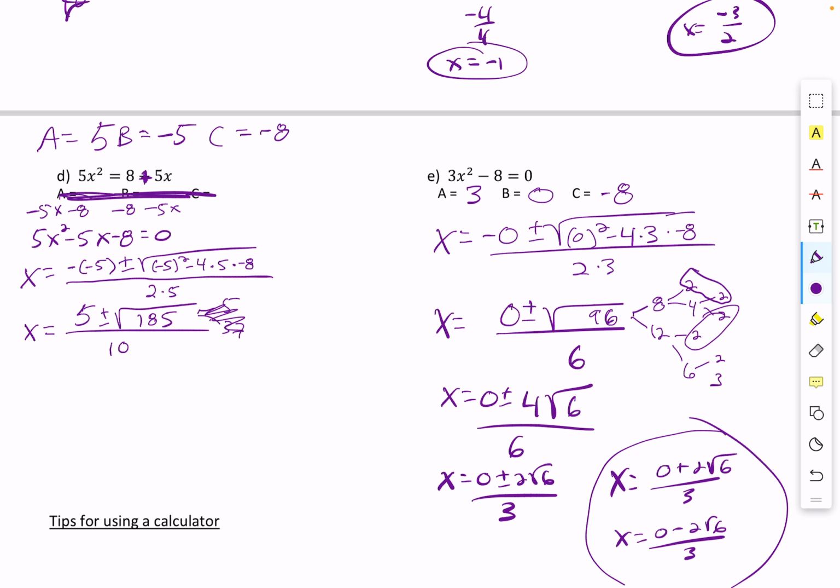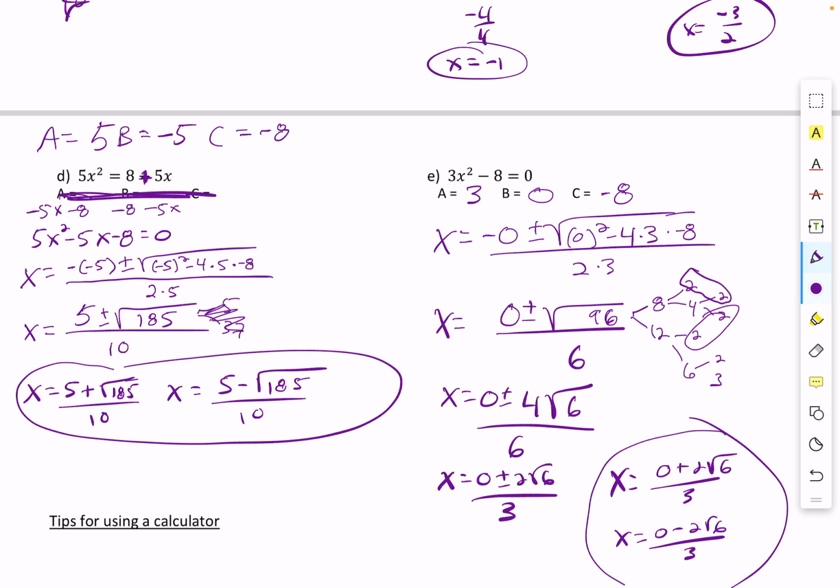Like on this one, we didn't get rid of the 6, right? It was the number in front that we had to reduce it with. So on this one, it doesn't reduce at all. So I'm ready to split it. And those are my two answers.